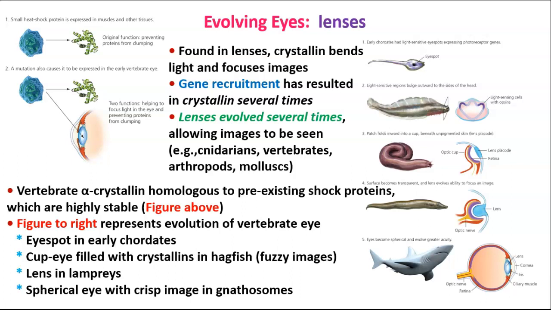In fact, that little lancelet that you probably looked at in Bio 182 has little eye spots along its back near its dorsal hollow nerve cord. And in hagfish, hagfish have a cup-like eye that's filled with crystallins, and so it gives a fuzzy image. They can see images, but it's not very clear.